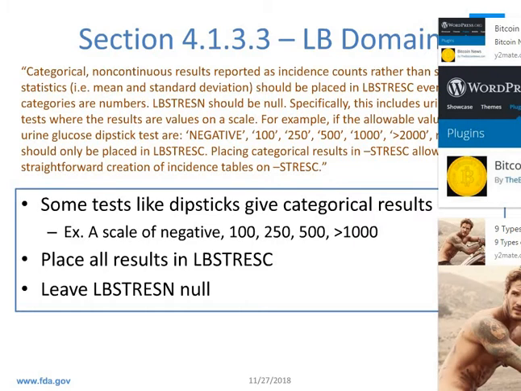It's just that the numbers are the categories. So it's important not to make the mistake of treating those as numeric data, but instead to treat them as character data. So all of the results for a test that gives categorical data should be placed in the --STRESC variable, and --STRESN should be left null.